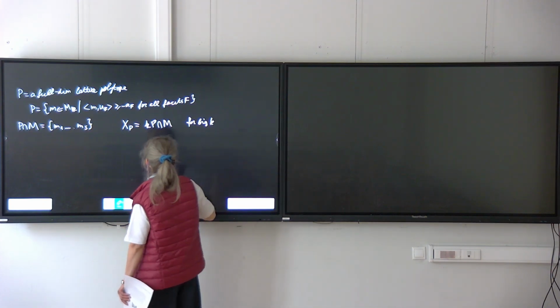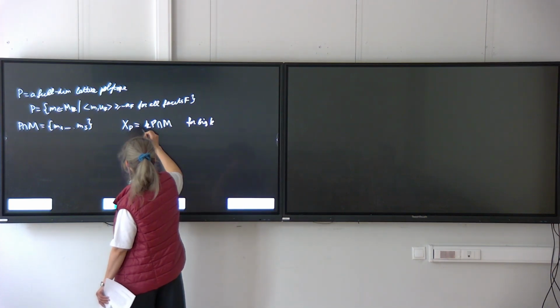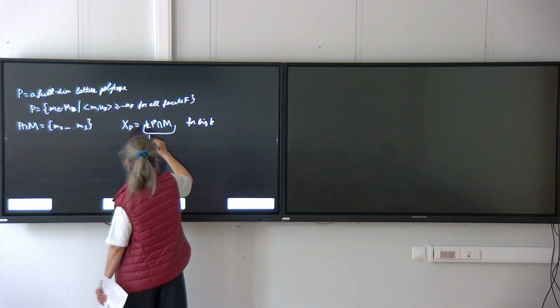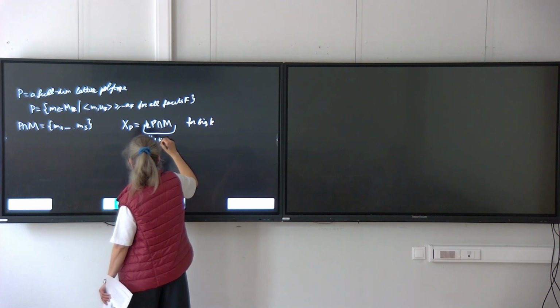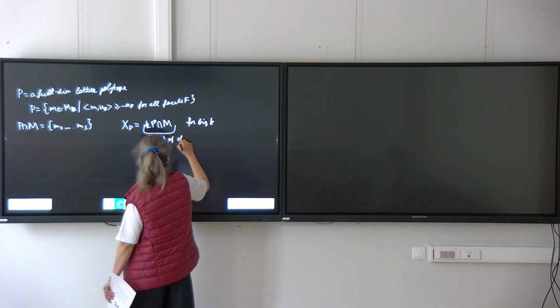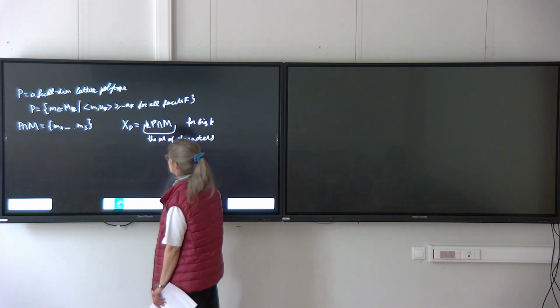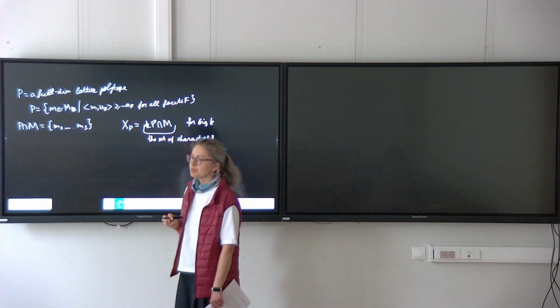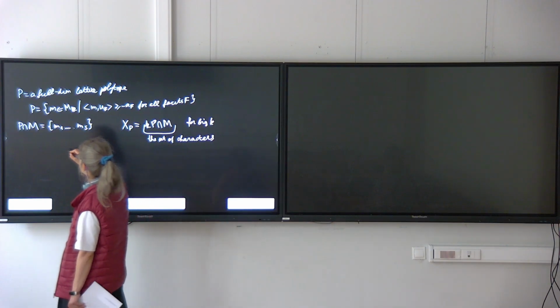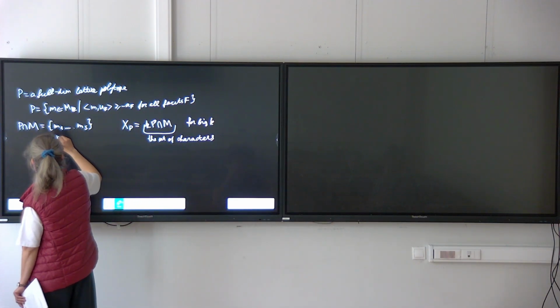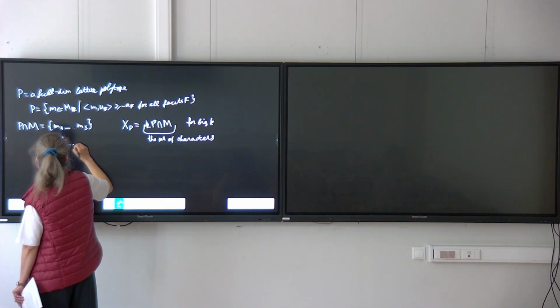So this will give us the set of characters, and so as before, this is the construction.